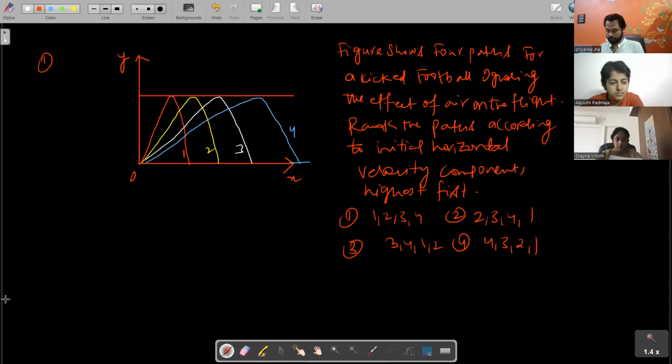Is it based upon slope? Not slope, based upon the initial component of the velocity. Sir, option D. Correct.